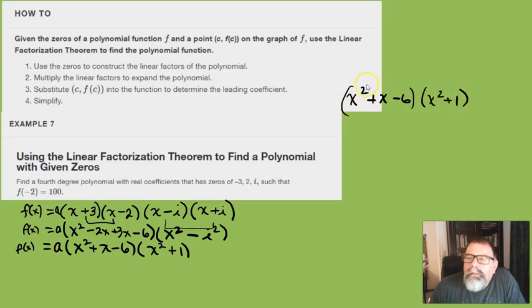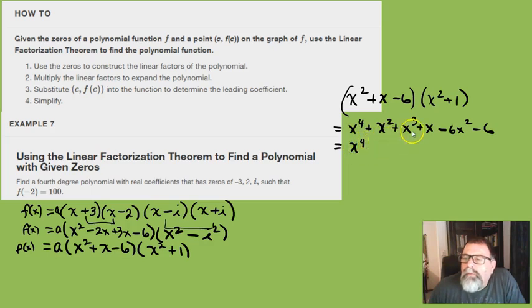I distribute the first term across both: x to the 4th plus x squared. Then the second term: x cubed plus x. Then the third term: -6x squared minus 6. And then combine my like terms.